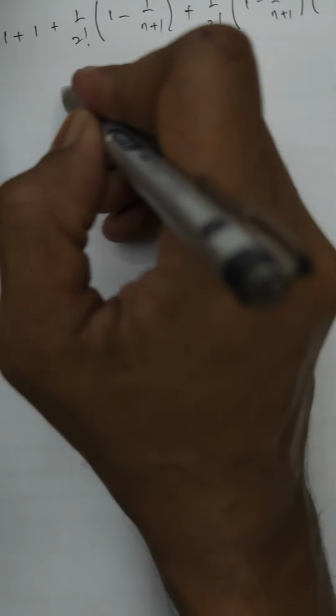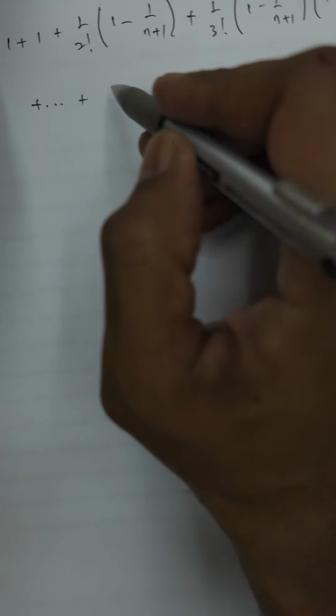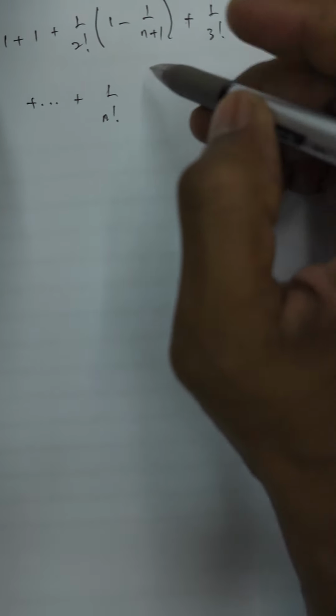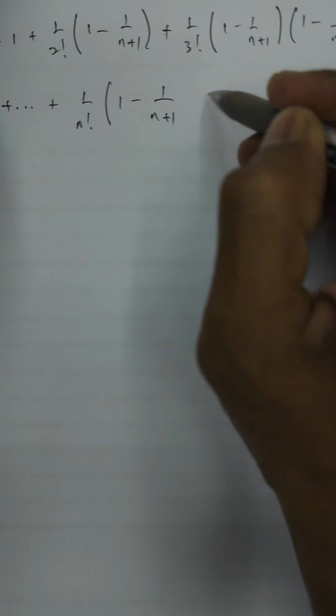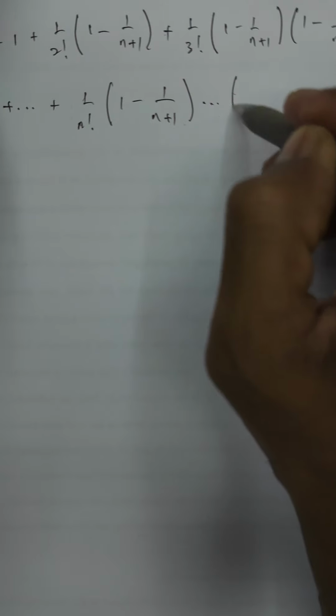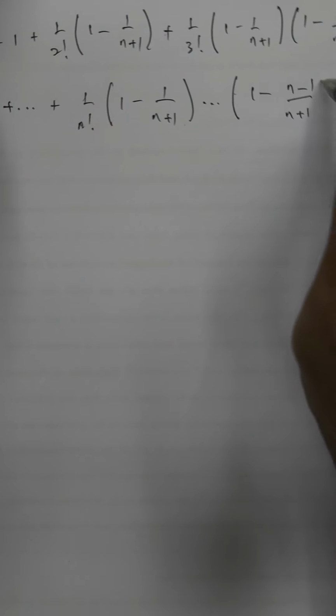Alright, and then you can proceed up to the last term here. We have 1 over n factorial times 1 minus 1 over n plus 1, and so on, up to 1 minus n minus 1 over n plus 1.